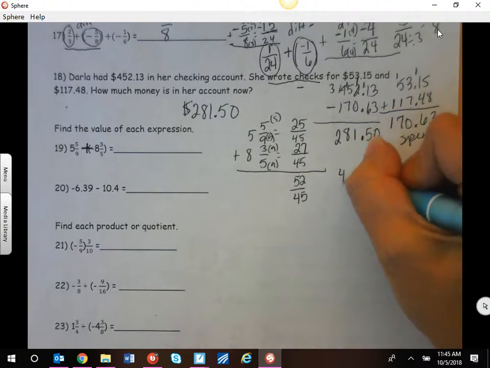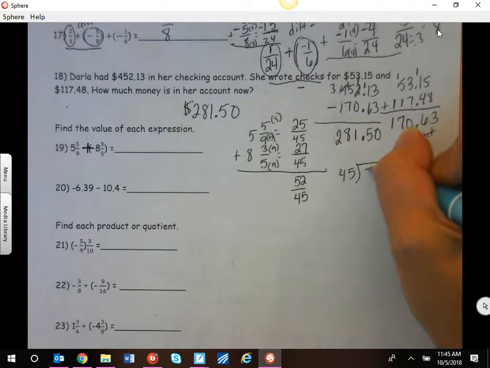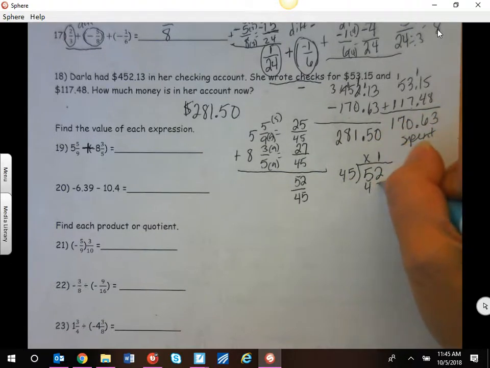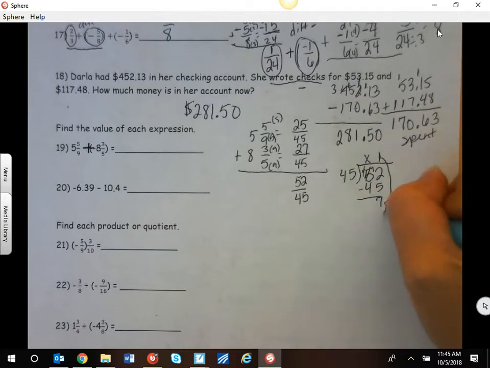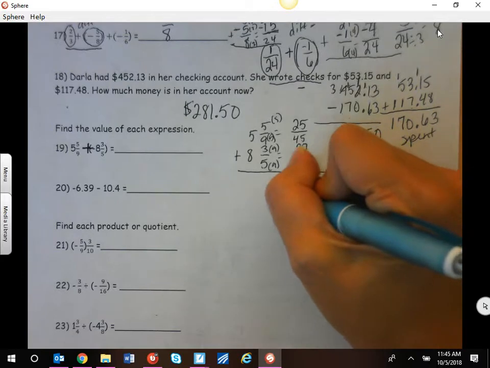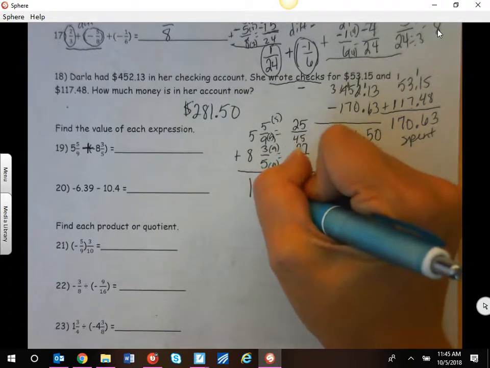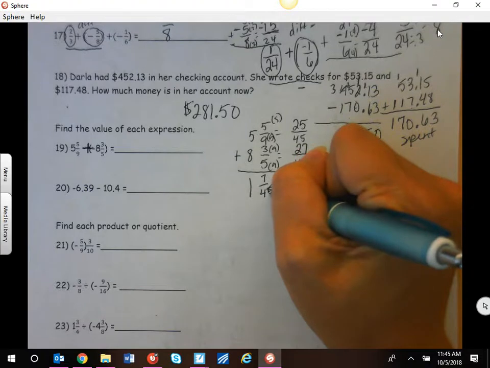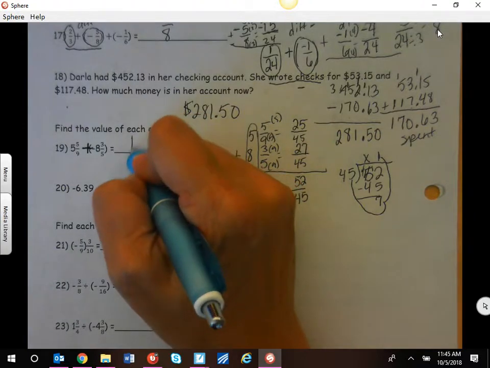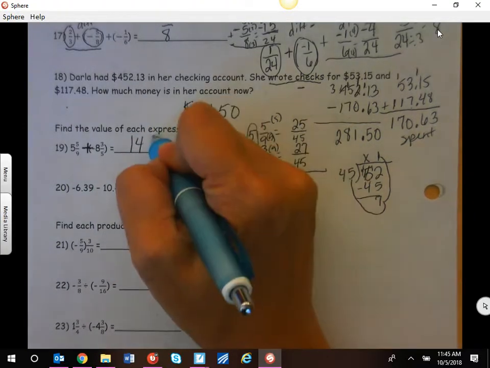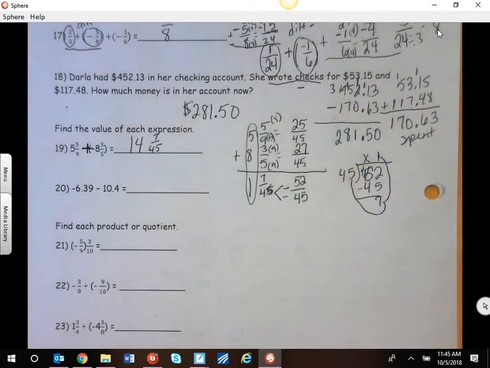So we've talked about changing that back to a mixed number. 45 goes into 52 once. Got to borrow here. 1 and 7/45. I'm going to write it over here, and the reason I do that is so that now all of my whole numbers are lined up. So 5 plus 8 plus 1 is 14 and 7/45. It's positive because everything was positive there.